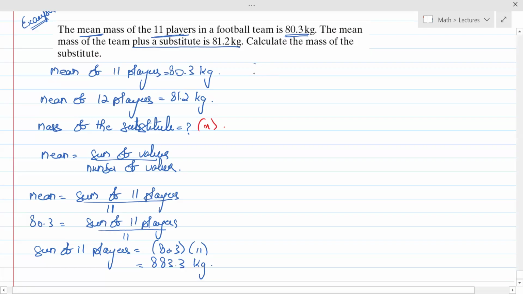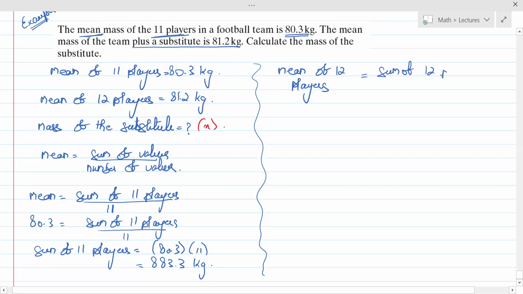So now the mean of 12 players is equal to sum of 12 players upon 12. Now, there can be one more approach of solving this.